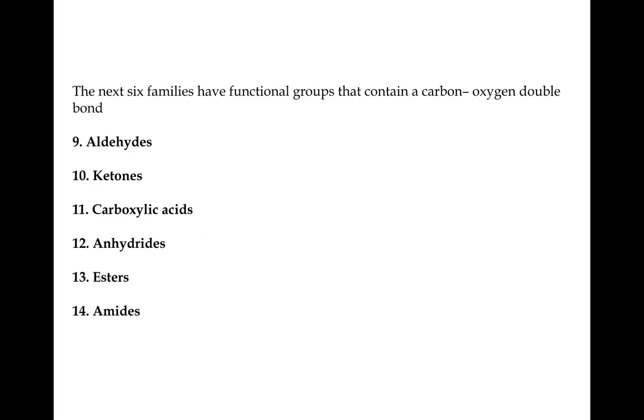Carboxylic acid has the hydroxyl group, and anhydrides are like ethers, only they have two double-bonded oxygens on those carbons that are sandwiching the oxygen in the middle. And esters, again, like ether, only just one of the carbons has a double bond. Amides, carbon nitrogen, that carbon that's bound to the nitrogen is double bonded to oxygen.